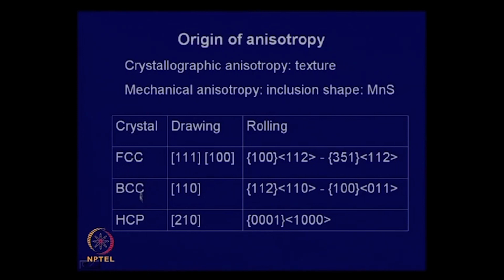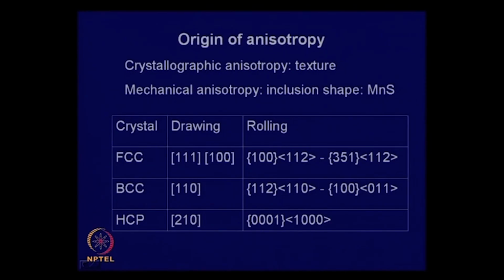Now, a different crystal structure will affect the texture that you get. It will also be determined by the process of deformation that you are giving. If the material is being drawn, you have one kind of effect. If it is being rolled, then you have another kind of effect.